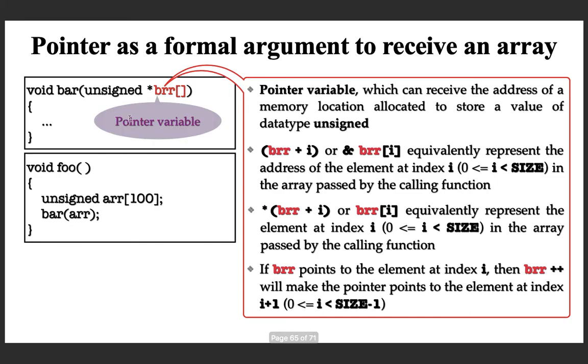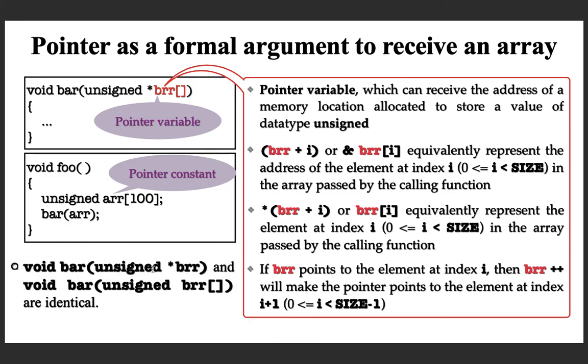Okay, so without this star, now this is a pointer variable and this is a pointer constant. BRR is not a constant, because if you pass the address of this array, that can be assigned to BRR, or you can pass the address of another array, doesn't matter. So in this case, the formal argument is a pointer variable and the actual argument here is a pointer constant.